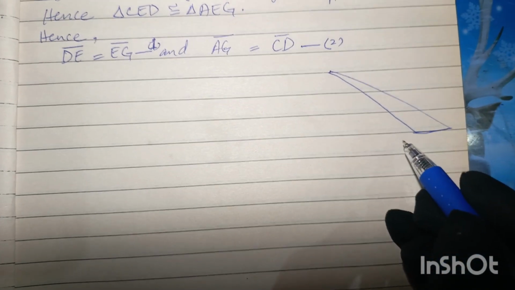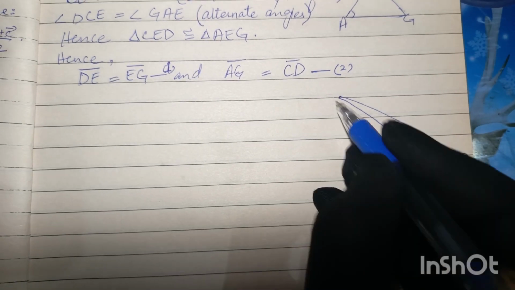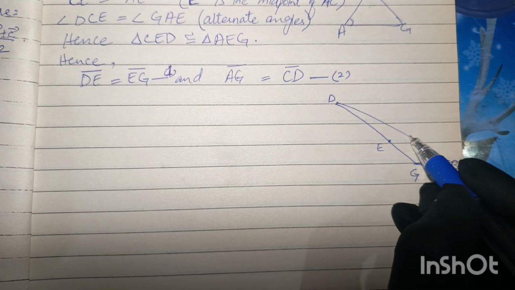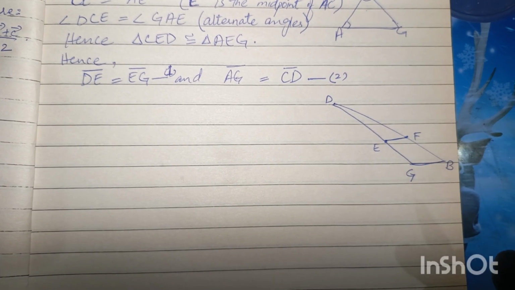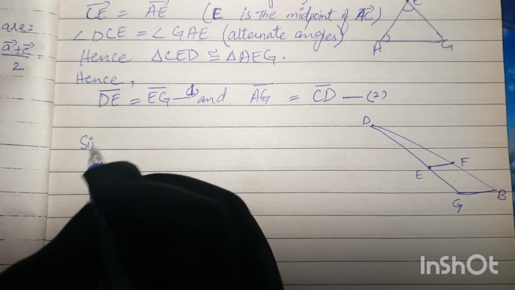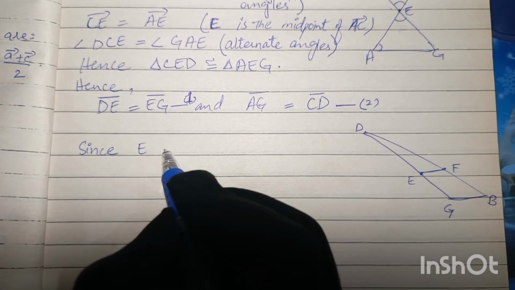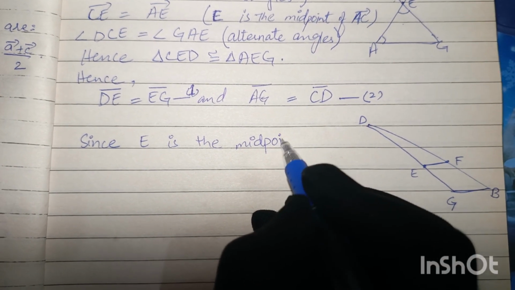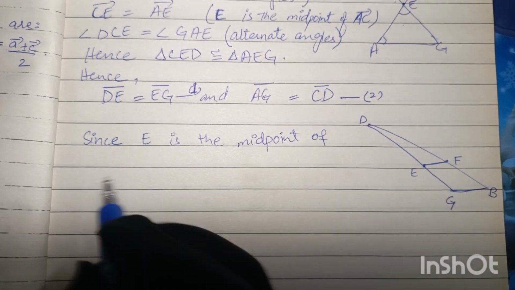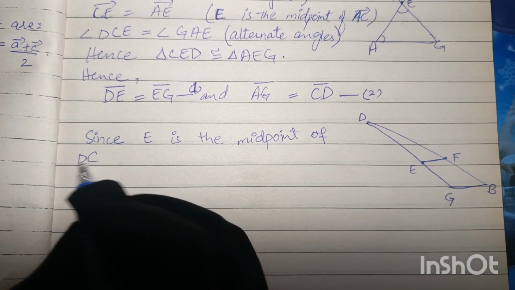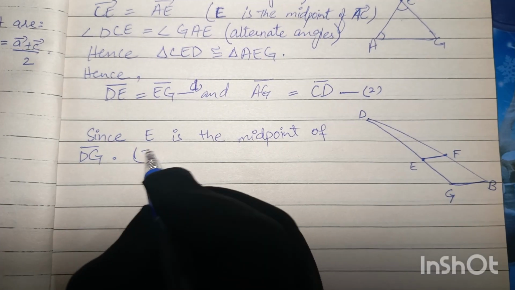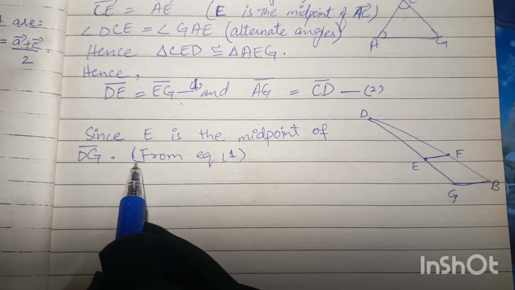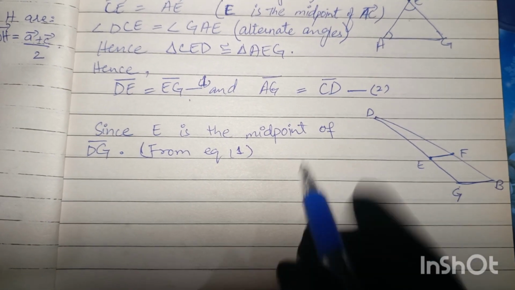The names of its vertices are B, D, G, and the points E and F. Since E is the midpoint of DG, from equation number 1, equation 1 shows that this is the midpoint of this whole line segment.